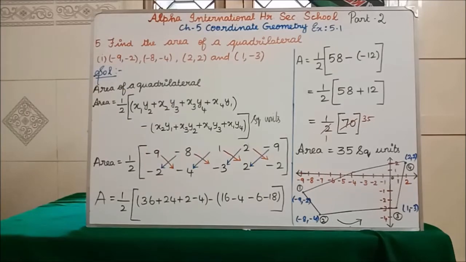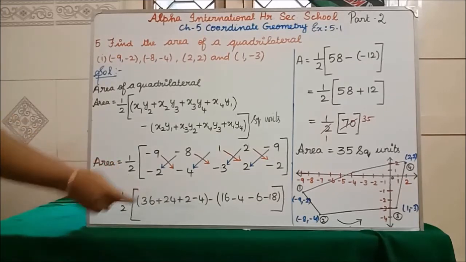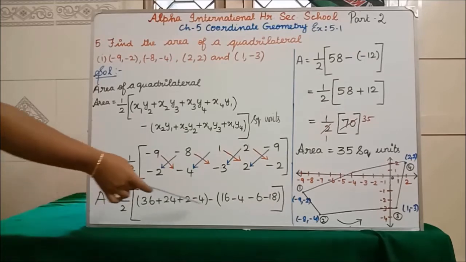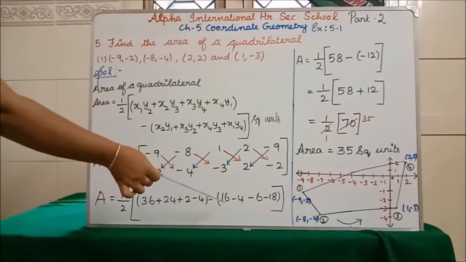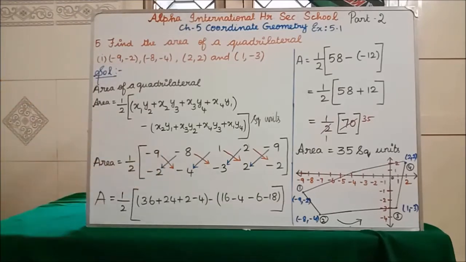Clear all of you? Next step, if you see here, 36 plus 24, if you add, what will we get? 60. 60 plus 2 is 62. 62 minus 4 is 58. That only I have written there. Similarly, here 16 minus 4 minus 6 minus 18, if you calculate, we will get minus 12.